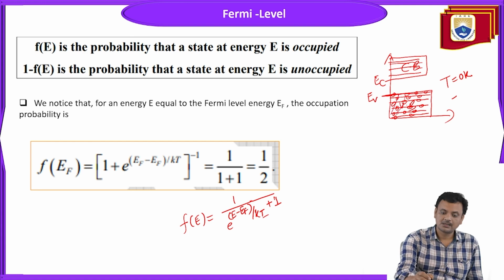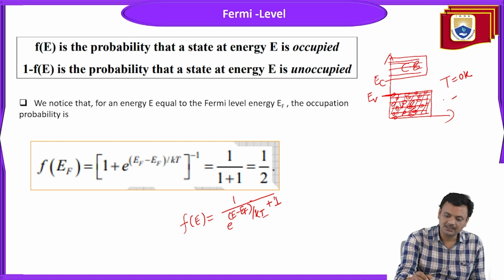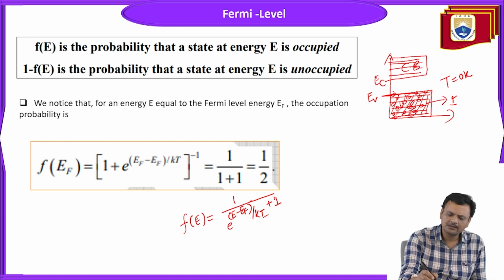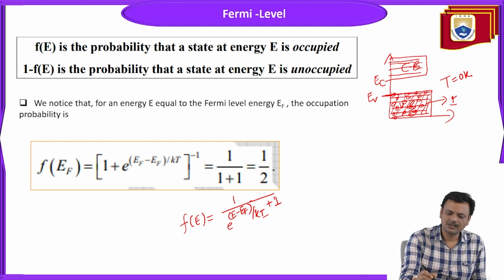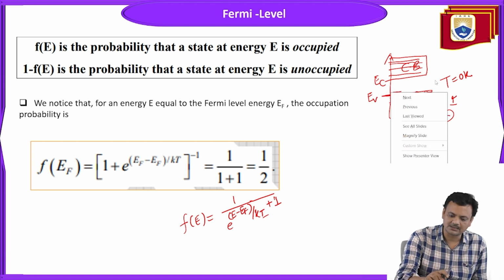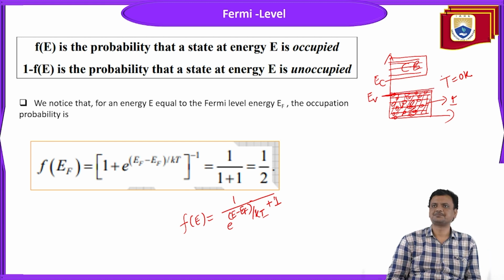But here, all the energy levels are completely filled, meaning the chance is completely 1. And if EF is that level where the chance is 50-50, then definitely it will lie above this valence band region.